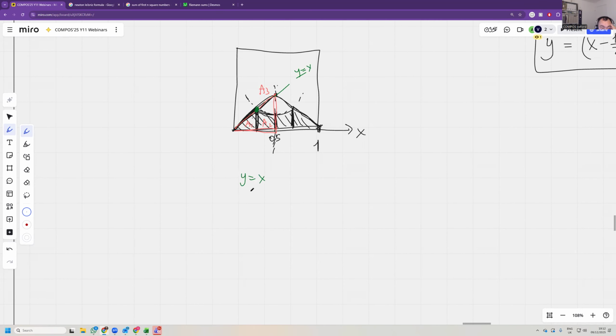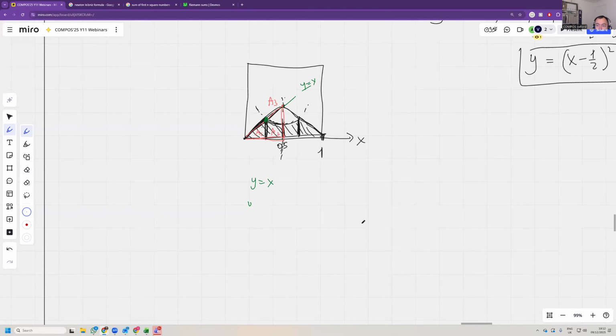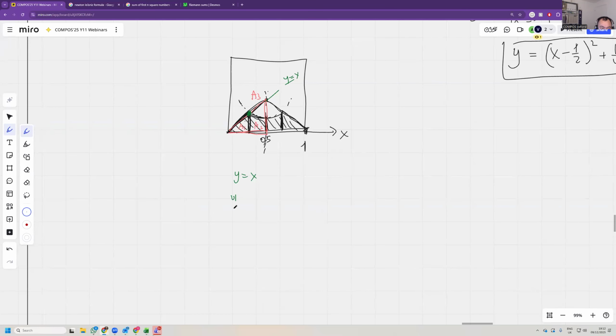So y equals x, and y is equal to (x minus 1/2) squared plus 1/4. Substitute that in. So x is equal to x squared minus x plus 1/4 plus 1/4, so x squared minus 2x plus 1/2 equals 0.